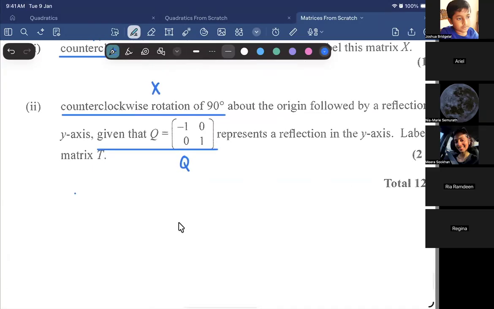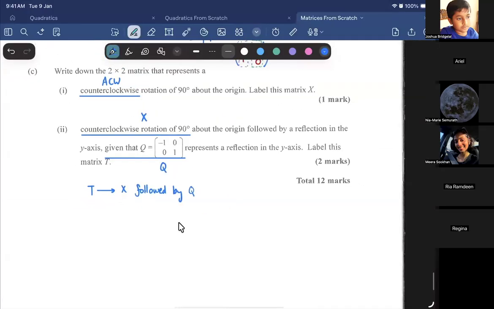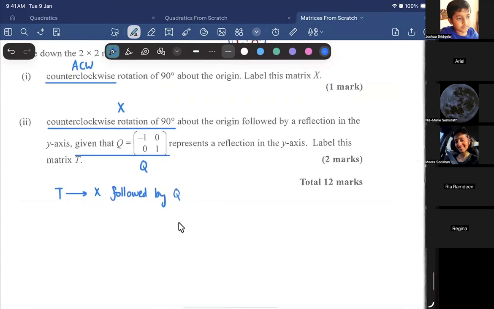Now, if you want to find the combined transformation, you would write it like this. You'd say T, which is really X followed by Q. Do all of us understand that X is the one that happened first, and then Q? Yes, sir. Okay, now this is the tricky part.